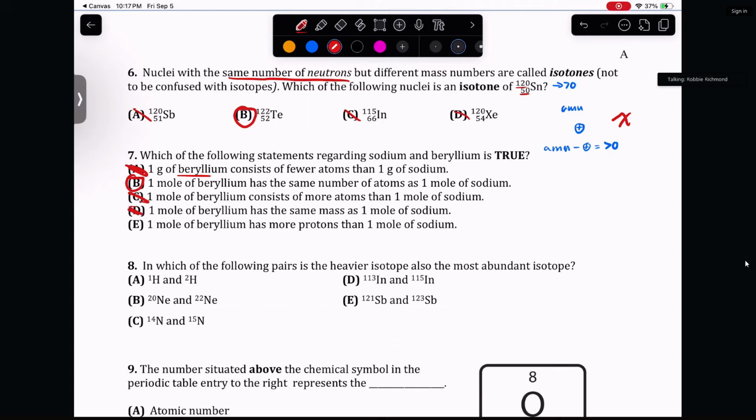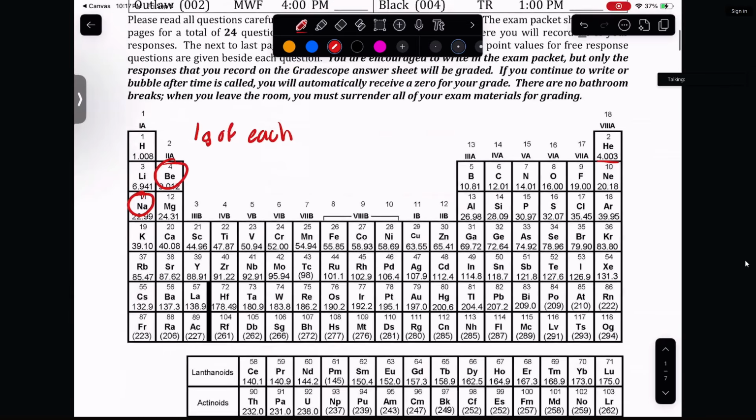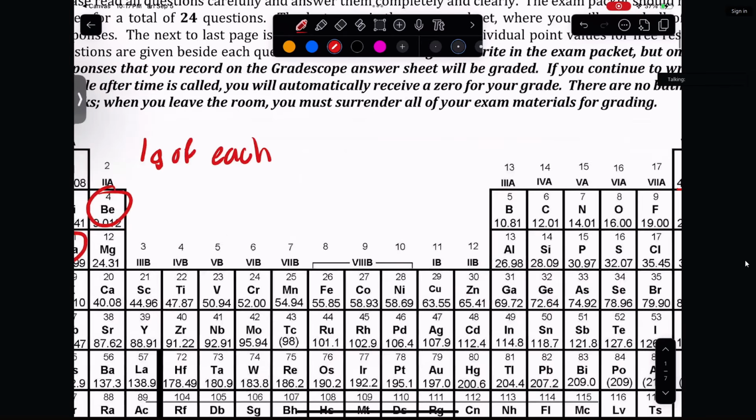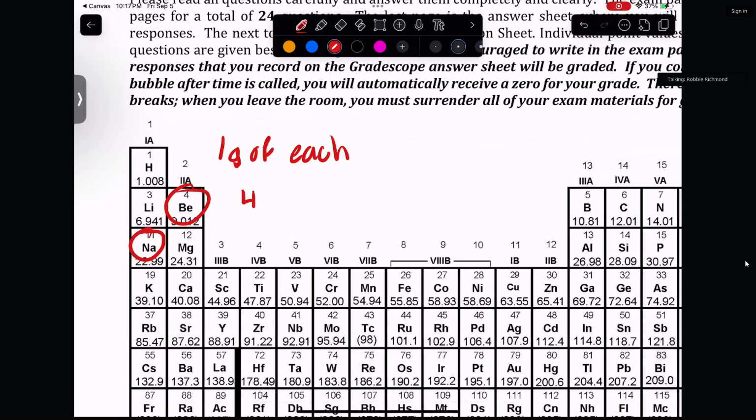For E, 1 mole of beryllium has more protons than 1 mole of sodium. Let's look at that. So beryllium will have 4 protons, and sodium will have 11 protons.